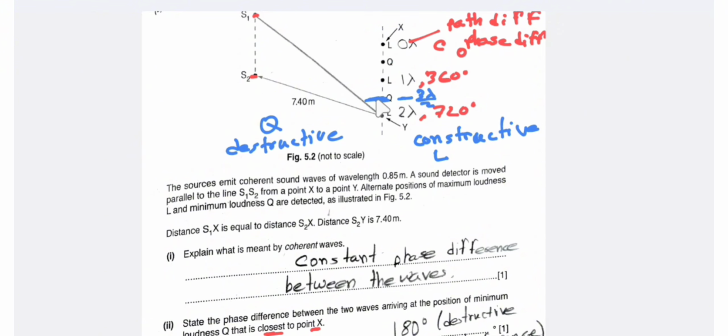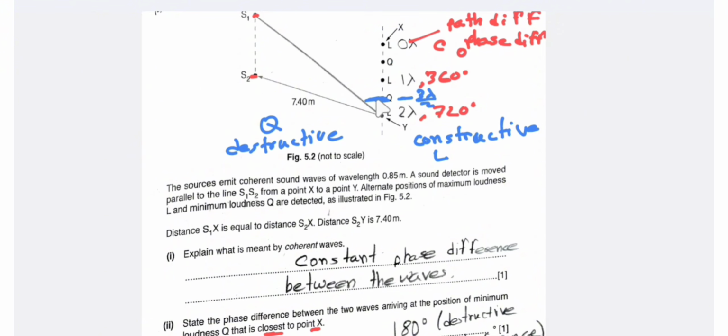Now, what is our question? This question asks us to find the phase difference from the central maximum, that is X, to the closest Q. So this is the closest Q, and for Q it is destructive interference. The path difference would be lambda by 2, since the path difference between loud and loud is lambda, so loud and quiet must be lambda by 2.